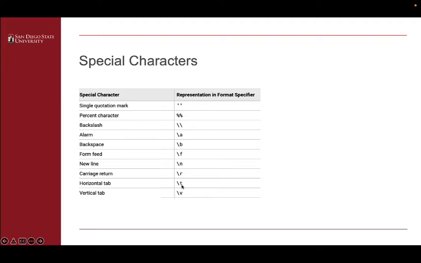It will add a tab, lots of space in your string, and we have a vertical tab. It will give a space in vertical, and the others will not be covered in this lesson.